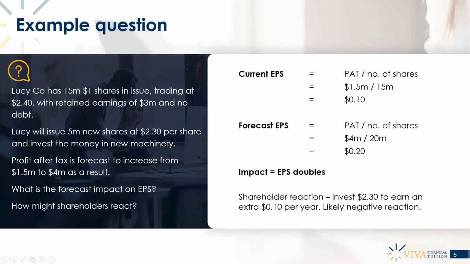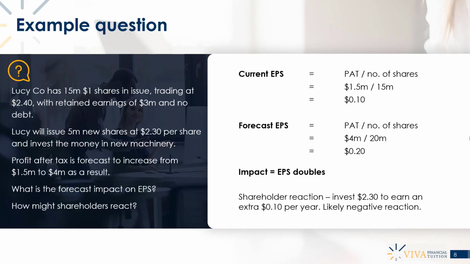Well, invest $2.30 to earn an extra 10 cents per year. If we're only earning 10 cents extra a year, that's going to take 23 years to add up to the $2.30 that I'm putting in. That's not particularly great in terms of a payback. So this doesn't look great on these numbers. So it's likely that our investors won't want to put more money in. Our shareholders will react negatively.